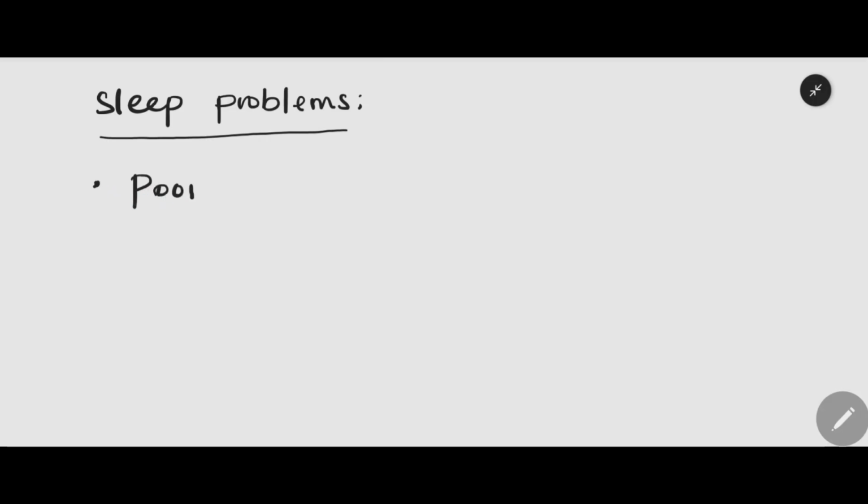Second to last negative lifestyle factor we're going to look at is sleep problems. So this is a big one because sleep is arguably the most important lifestyle factor. So having poor sleep can affect so many things.